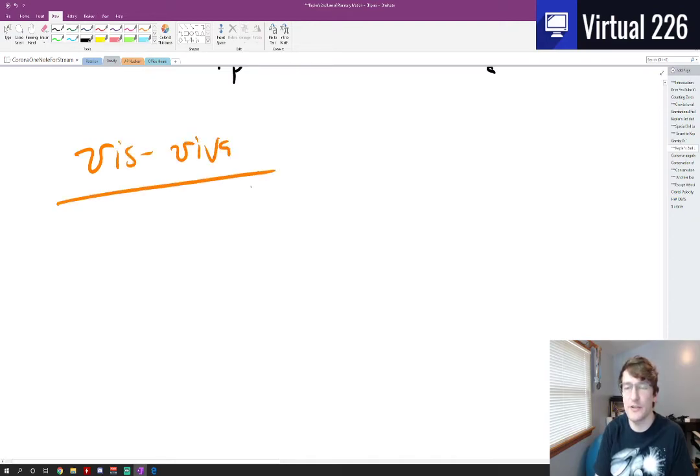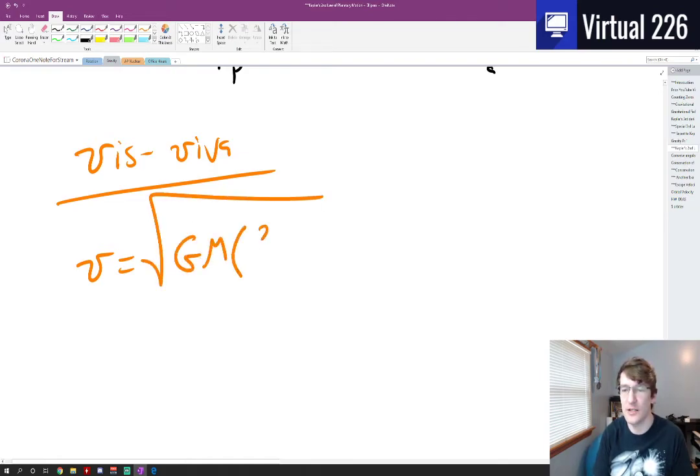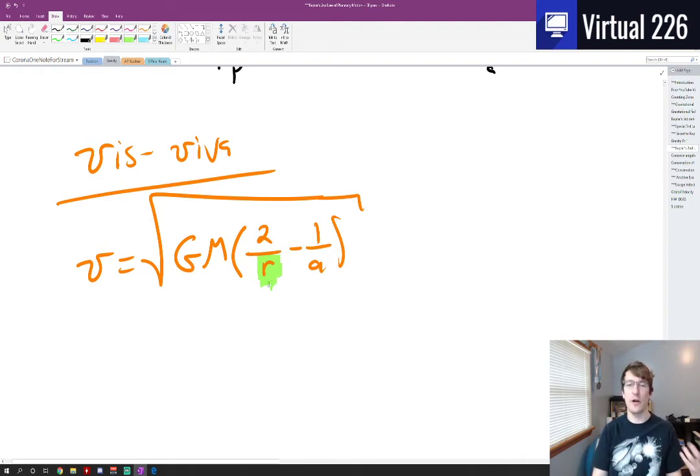It's really a conservation of energy equation, but what it allows you to do is, if you know the semi-major axis and the mass of the system that you're orbiting around, then you can say that the velocity at any point in the orbit is equal to the square root of GM times the quantity 2 over r minus 1 over a, where this r right here is your current position, like how far radially you are from the focus that you're orbiting.